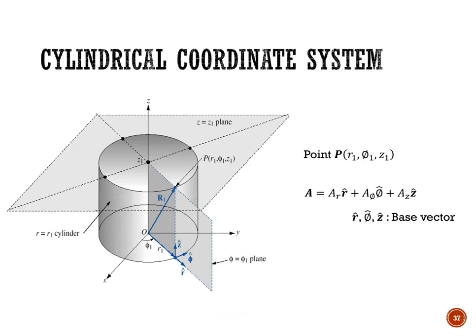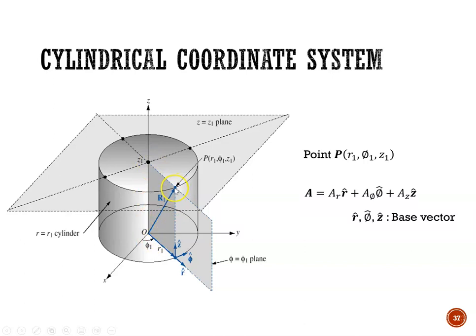Next, we move on to cylindrical coordinate system. So cylindrical coordinate system involves point P, which includes r, the radius, and then phi, which is the angle here, and z, which is the z-axis.